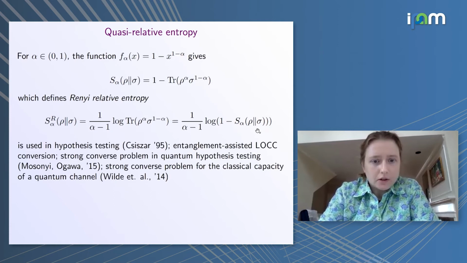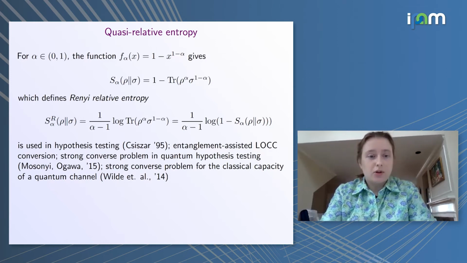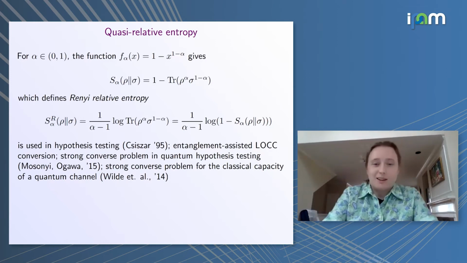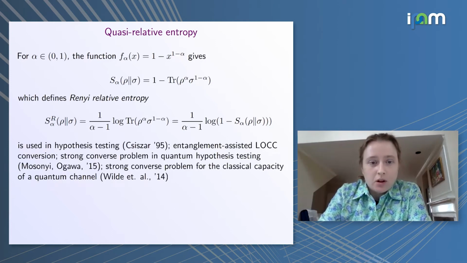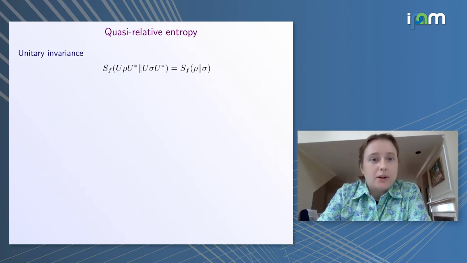And again, it's a very useful measure, used in hypothesis testing, entanglement-assisted conversion, and many, many others, and in the capacity of quantum channels. Wilde is not going to be talking about this today, but he has been working on that as well.